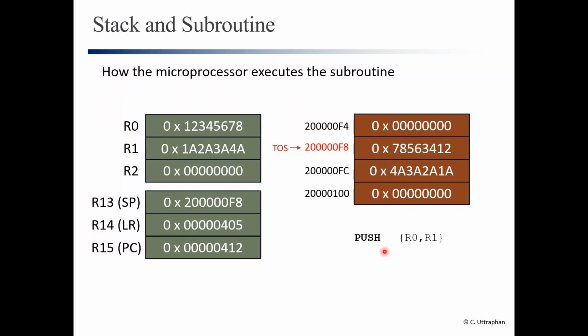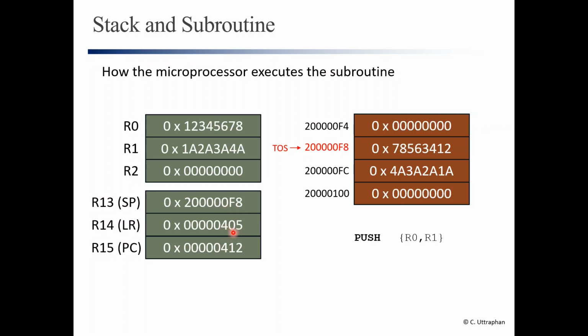When we execute the first instruction in the subroutine, the PUSH {R0, R1}, this instruction will push R1 into the stack, followed by R0. We can now see that the TOS is hex 200000F8, hence SP is updated to hex 200000F8.